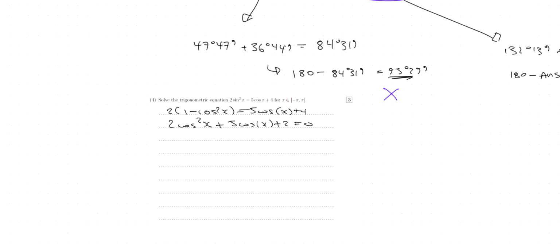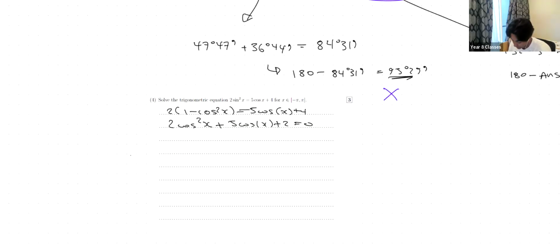So it'd be 2 cos x plus 1 bracket and then cos x plus 2. What I would recommend, when you have cases like this, is just let u equal cos x, because this is very similar to a quadratic.